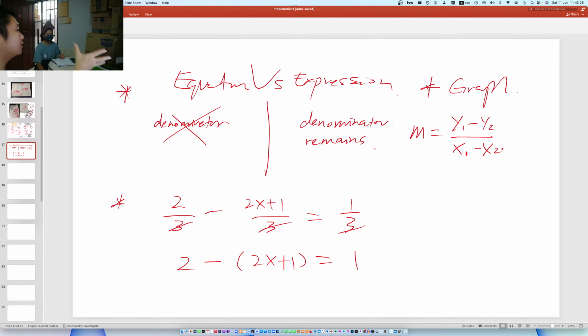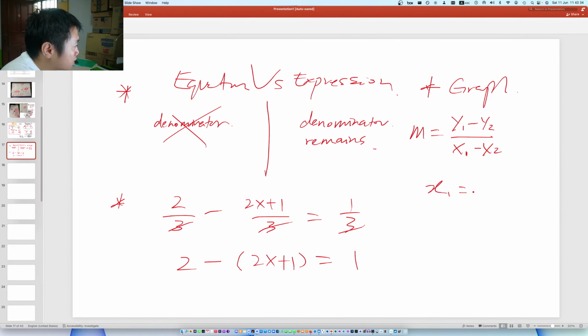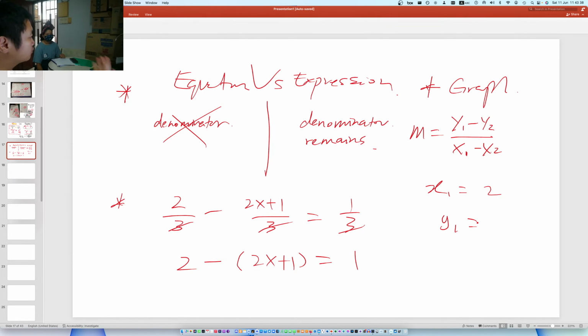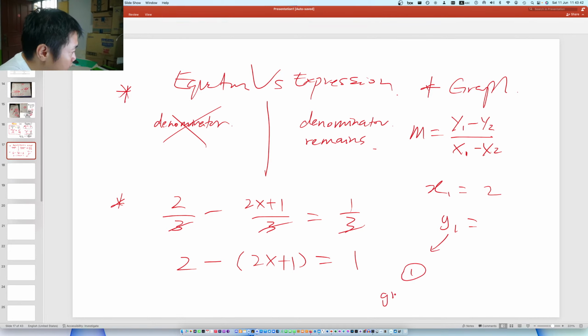Okay? So once you get this, then you will get the gradient. Then of course, if they give you the x1 equals to 2, they ask you to find the y1. Very simple. 2 methods. From the graph, up, down, left, right, then choose the correct direction.